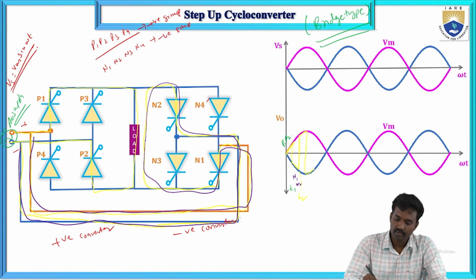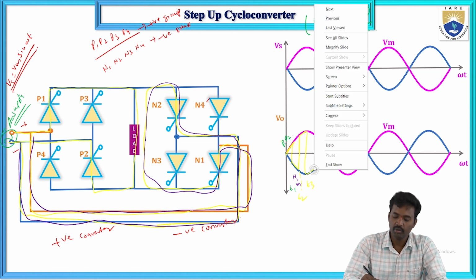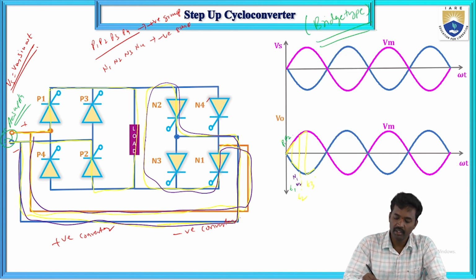Again at T3, N1 and N2 will be turned on, and P1 and P2 will be force commutated. And at T4, N1 and N2 are force commutated and P1 and P2 are turned on.